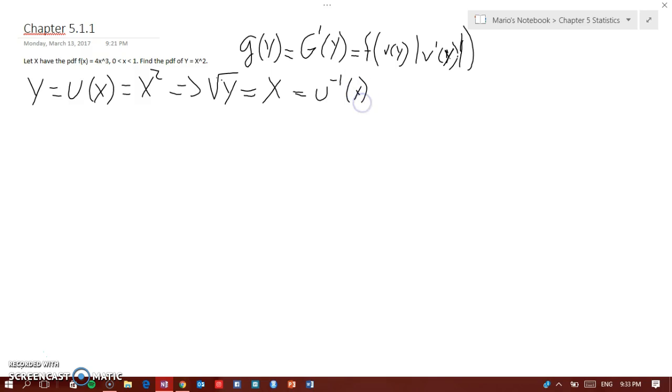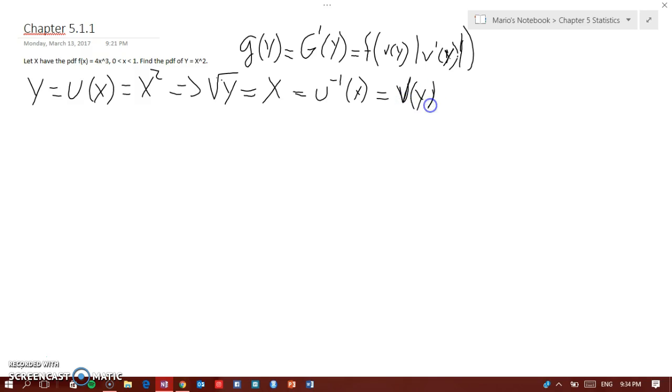So that's going to be the inverse function of u of x. Now that we have the inverse of u of x, we're going to call it v of y.